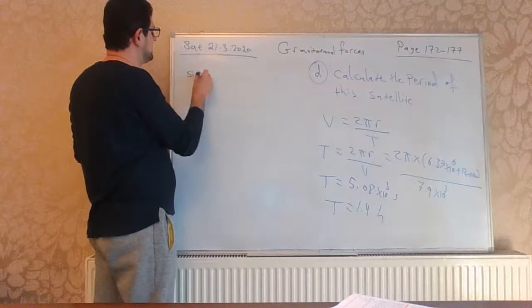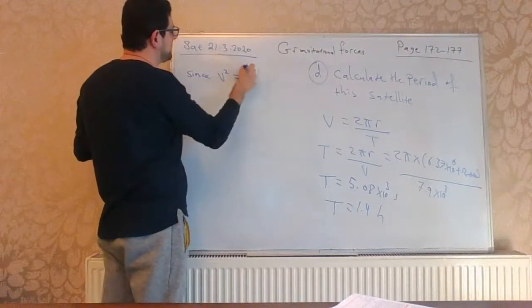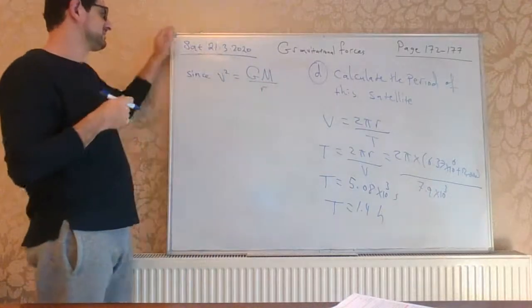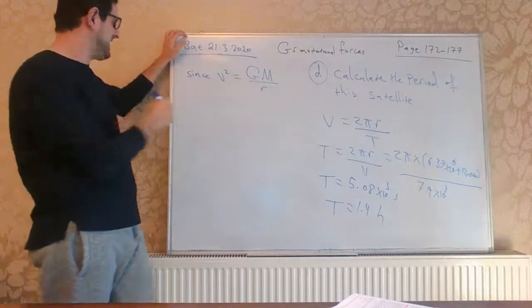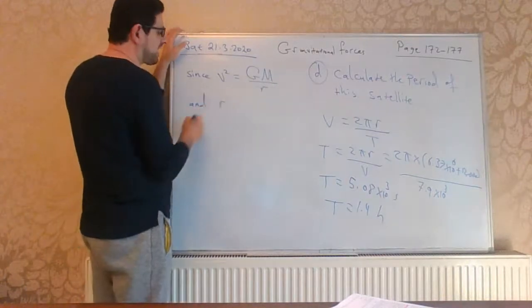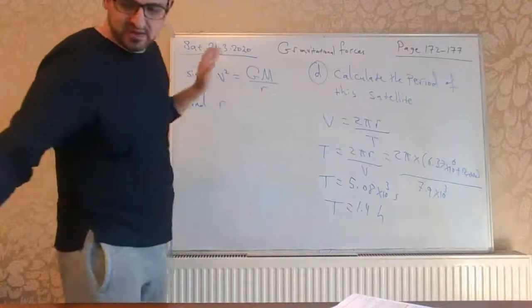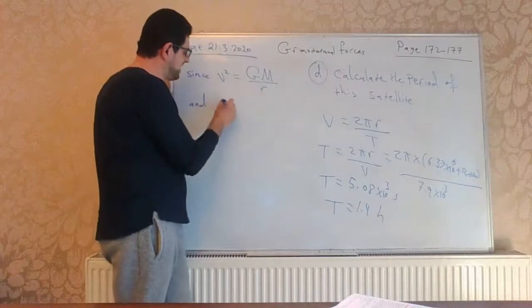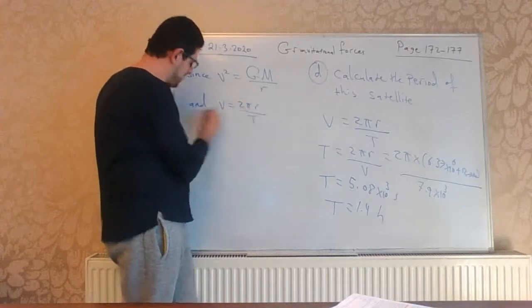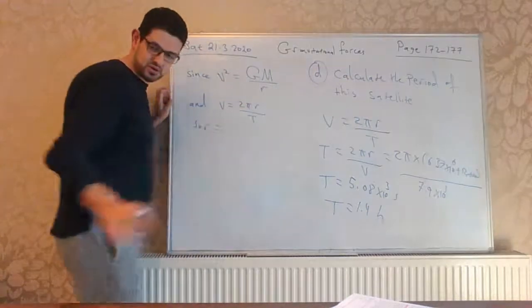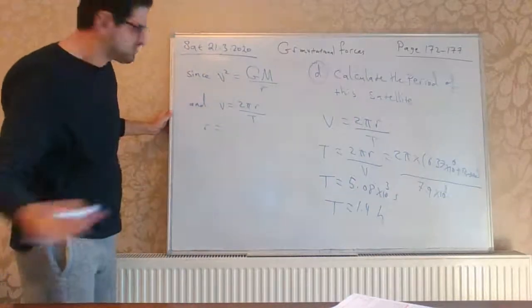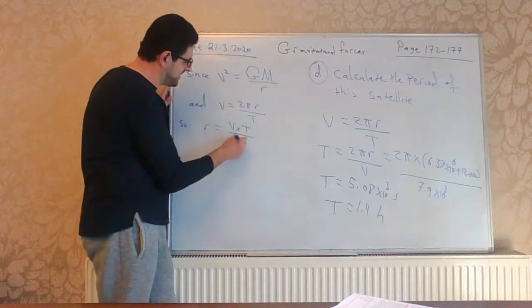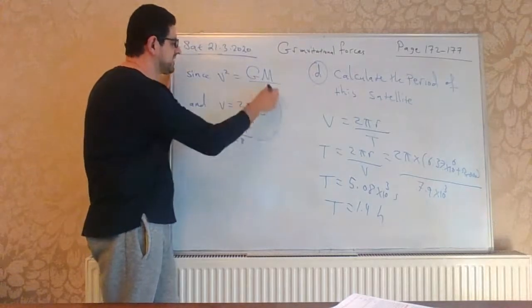Now, since V squared is Gm over R, and V equals 2 pi R over T, R is equal to V times period over 2 pi. Let's substitute it there.